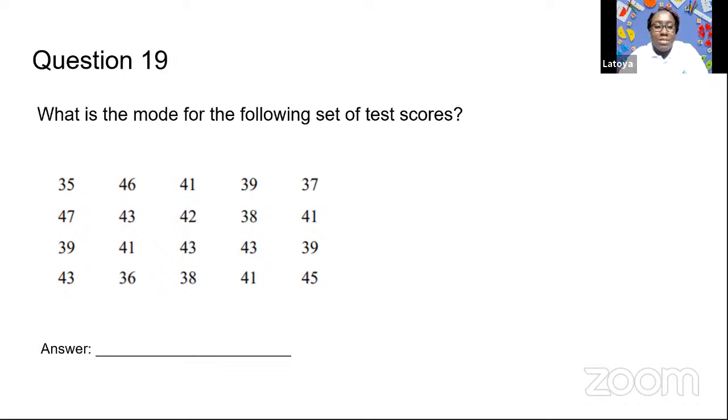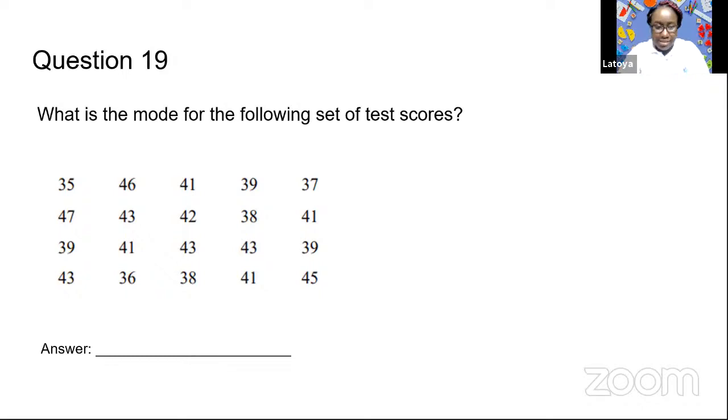What is the mode for the following set of test scores? What is mode? Right, mean means we add and divide. Thank you, Jonathan Smart, for answering that question. What do we do for mode?